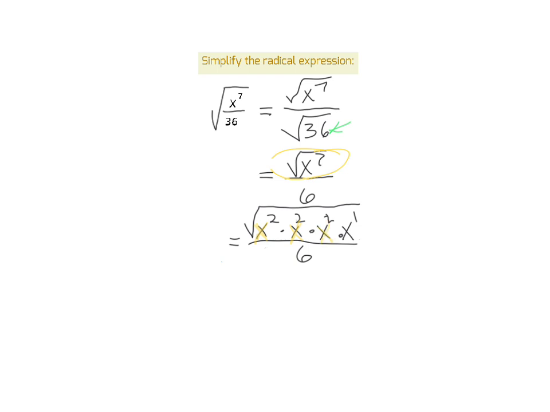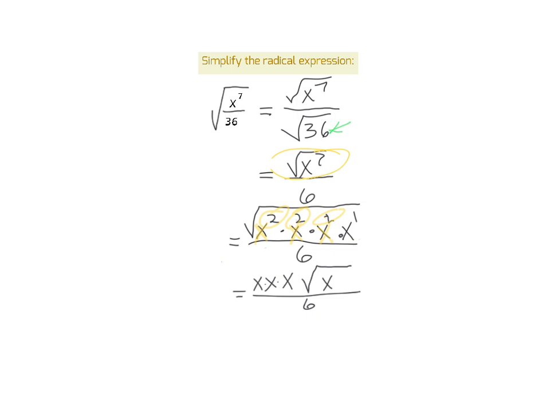Again, we have the square root of x squared. So 1, 2, 3. That makes 3 x's that I can extract from the square root. So I'm writing them out in the front of the square root symbol, but that x to the 1st power, that one single x, is not a perfect square. So we'll leave that in the square root symbol.